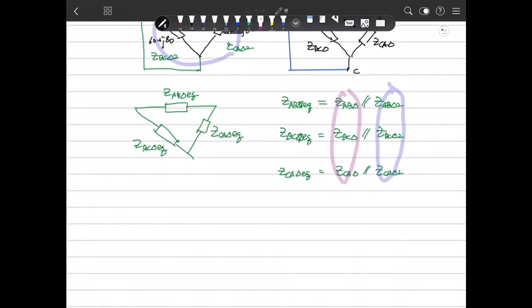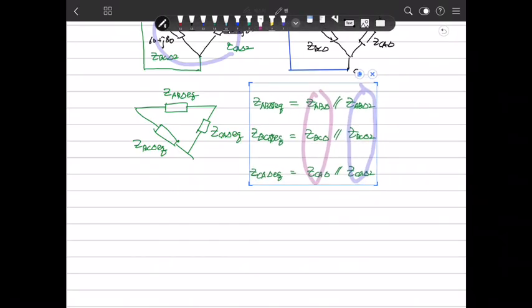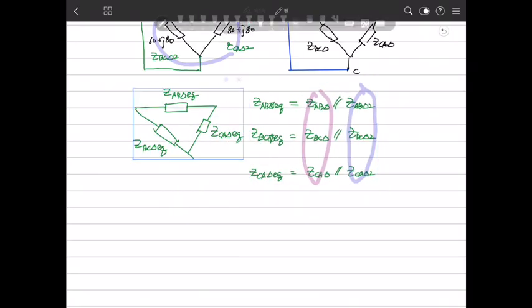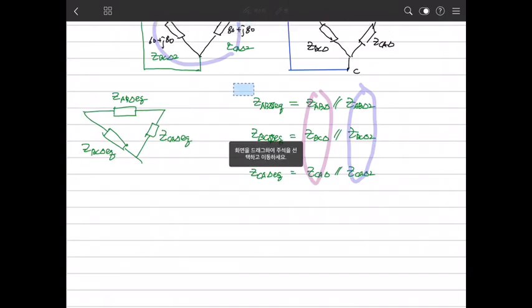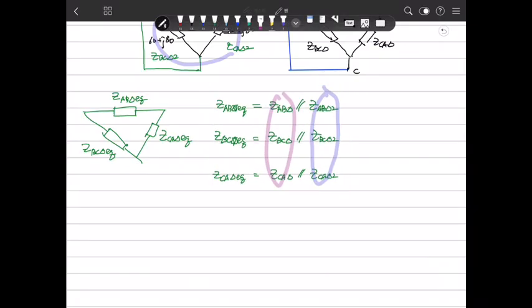We apply those variables, and the result is simply 45 plus j42.4, and 37.78 plus j44.4. That is 46.08 plus j44.25.